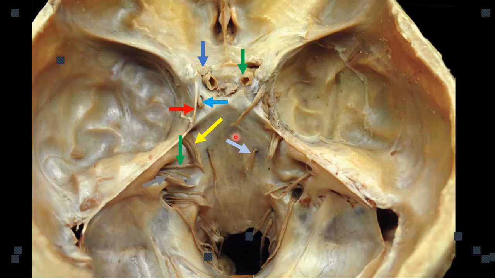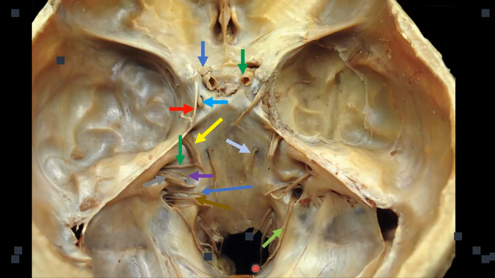And that one is the sensory root of the facial nerve, the nervus intermedius of Wrisberg. Then this one is the vestibulocochlear nerve. Then that is the glossopharyngeal. That's vagus. That is accessory.